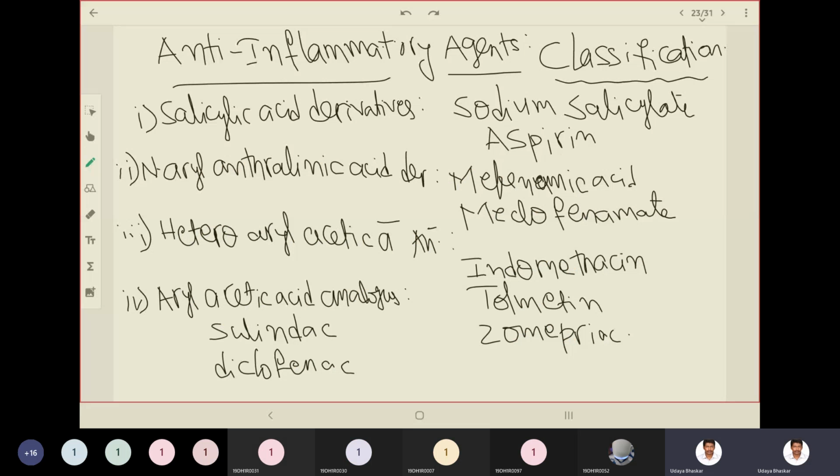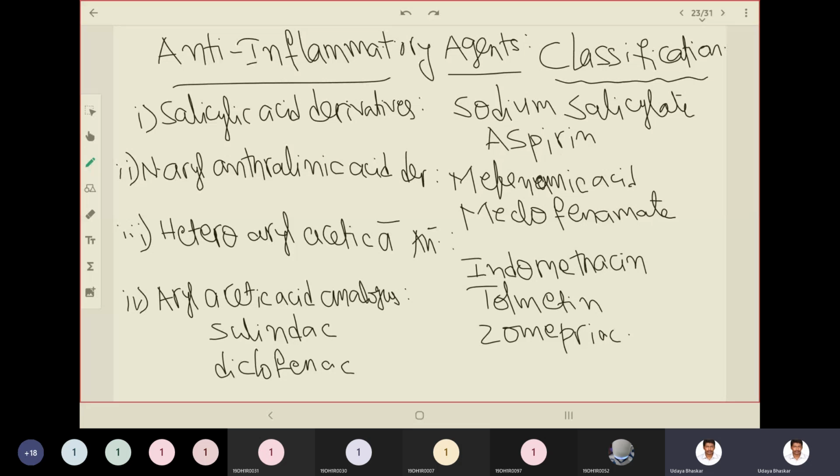So we were looking at the classification of anti-inflammatory agents. We saw salicylic acid derivatives, examples sodium salicylate and acetyl salicylic acid, otherwise known as aspirin.